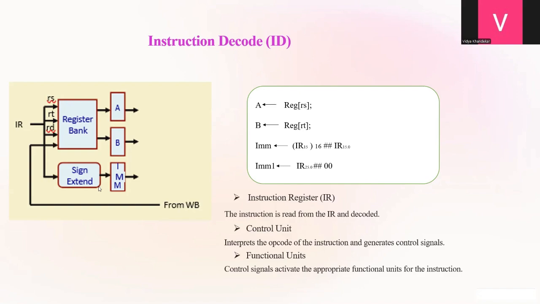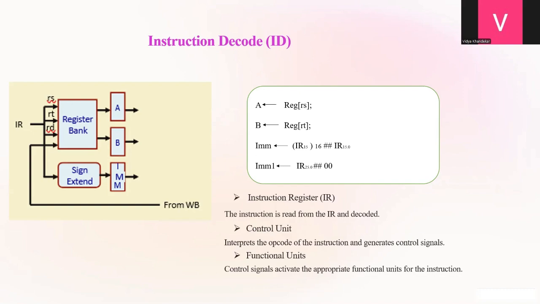One source register value comes depending on RS, another source register value comes from RT, and the immediate value, which is sign extended to make it 32-bit, is stored in the immediate register.